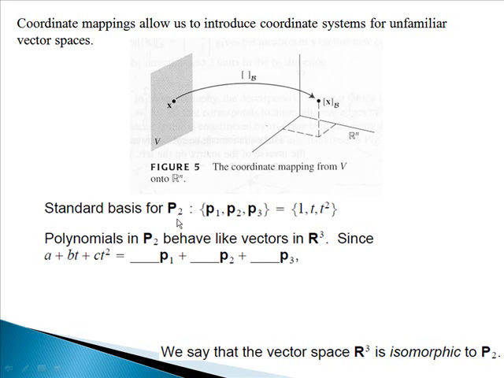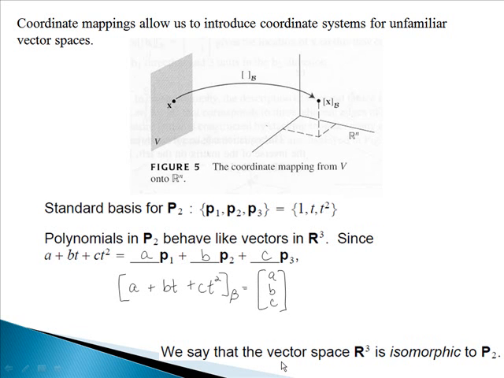These polynomials in P2 behave like vectors in R3, since we can write a polynomial a plus bt plus ct squared as a times P1 plus b times P2 plus c times P3. And so the beta coordinates of a plus bt plus ct squared are equal to just a, b, c, this vector here, which is in R3.